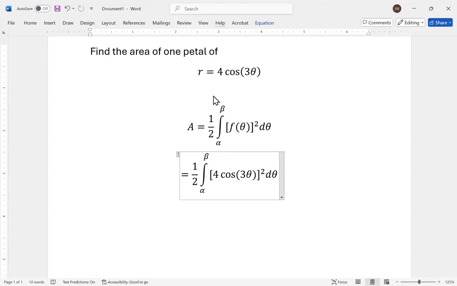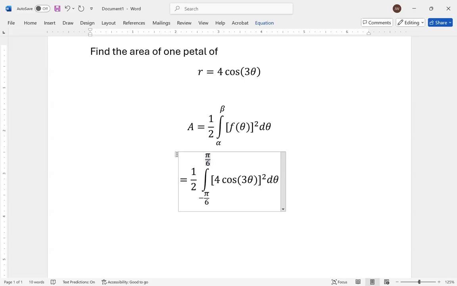So it's possible to use tracing the angle and see that, for instance, if we integrate from negative pi over 6 to a positive pi over 6, that will trace out that right-hand loop.